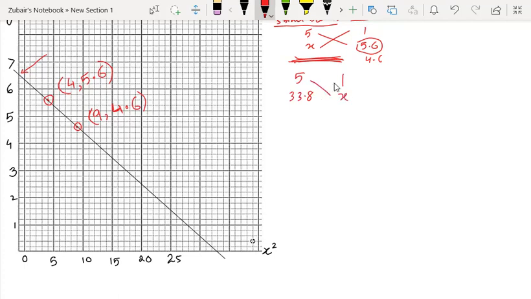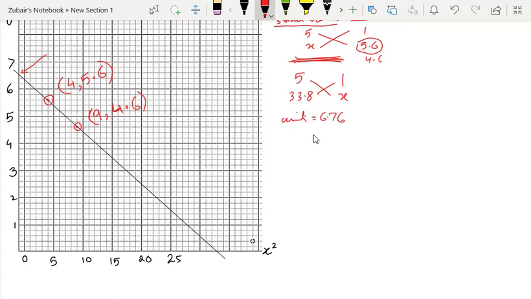So here you will cross multiply, so basically you will divide 33.8 by 5. The answer will be 6.76. Okay, so x, what is x? The unit. So the unit is 6.76. But we will find it by the formula as well.